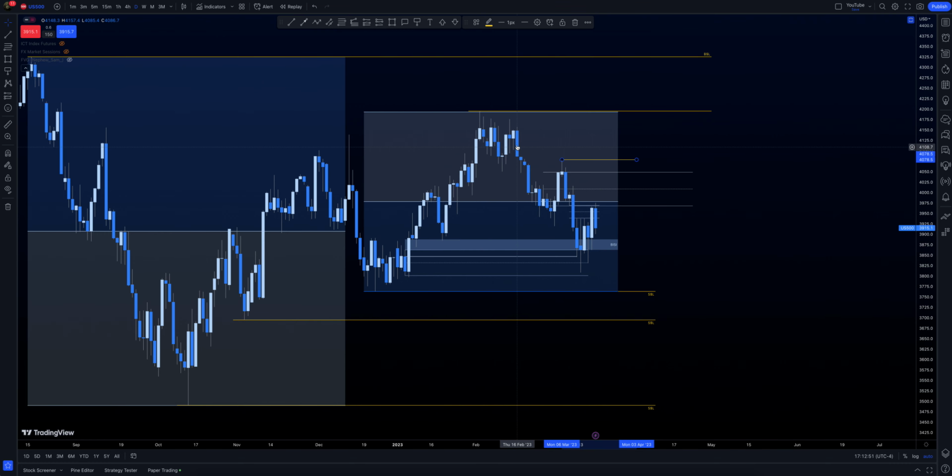So the PD arrays are basically resistance up here, the PD arrays down here are support, and we are looking at trading the 1 hour and the 4 hour institutional order flow. Once the 1 hour is bullish, I'm only looking for buy signals on the 5-minute time frame, the 15-minute time frame, with that momentum, the draw on liquidity on the daily time frame, and then vice versa.